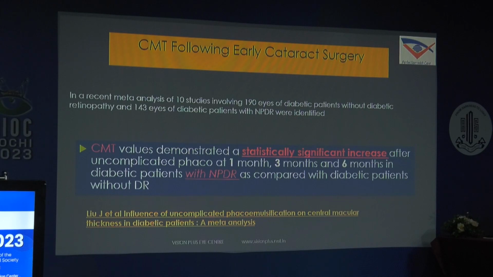So again, stabilize these patients, and also discuss and counsel them. Unless you tell the patient that they have to come for frequent examinations, it's not the end of it after you've just done a cataract surgery. You also have to give them a prognosis that these possibilities may occur, and that can reduce the chances of patient dissatisfaction.